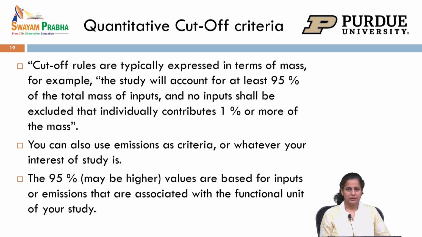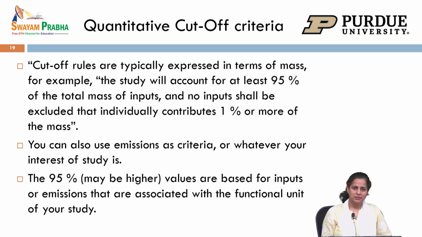So, what is the quantitative way of doing this? The quantitative way of doing this is that we set a cutoff rule that is typically expressed in terms of mass. For example, we can say that the LCA study will include at least 95% of the total mass of inputs and no inputs shall be excluded that individually contributes 1% or more of the mass.